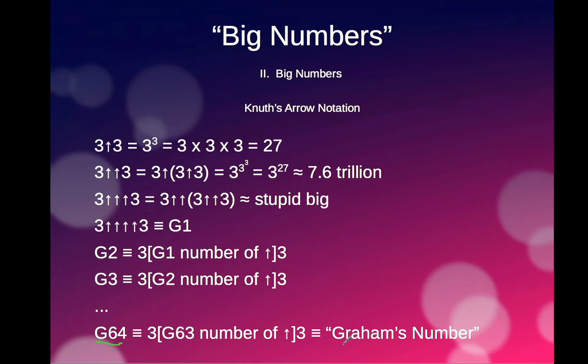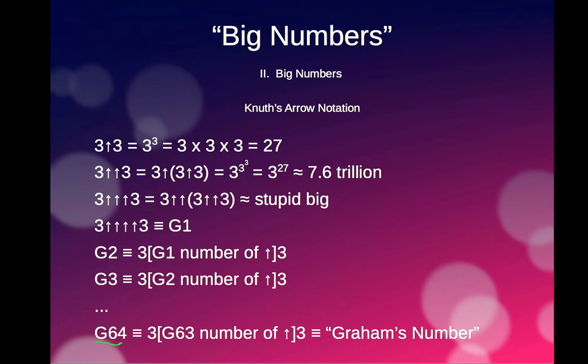G64 is defined as Graham's number. I haven't said anything about Graham's number. Graham's number was first encountered in the 1970s, and at the time it was the largest finite number to be published in a mathematical paper. And it's the solution to a problem put forth in an area of mathematics called combinatorics. You don't have to know anything about combinatorics.